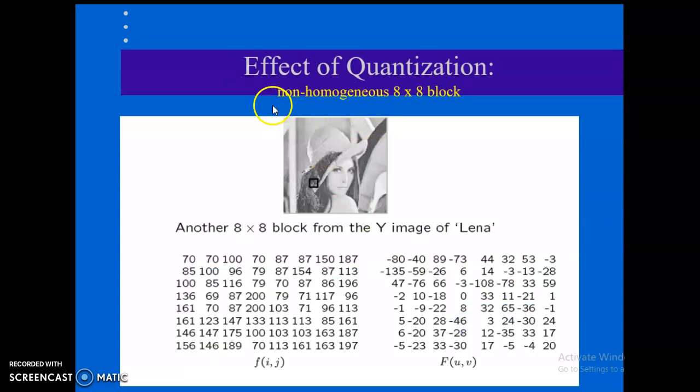Effect of quantization: a non-homogeneous 8x8 block. Another 8x8 block from the Y image of Lena.